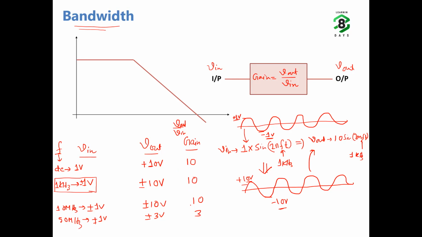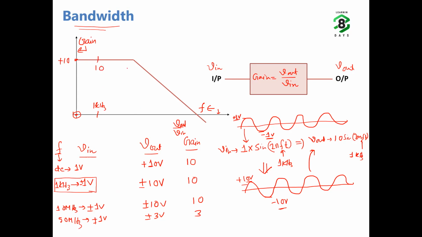frequency versus gain of the system. And that's exactly what is plotted in this top curve. The x-axis is the frequency axis in this system, and the y-axis is the gain of the system. In this example, frequency 0 means DC, and at that time the gain was 10. At 1 kilohertz also, the gain is 10.